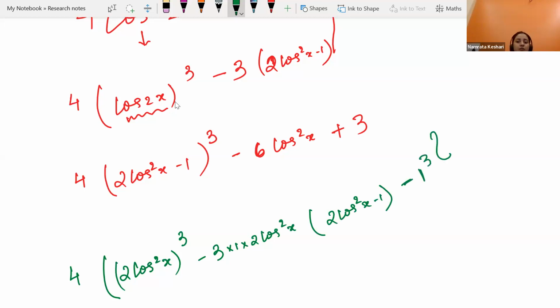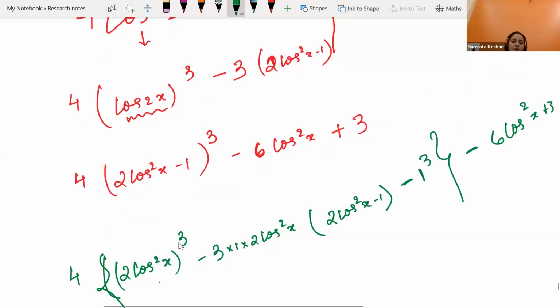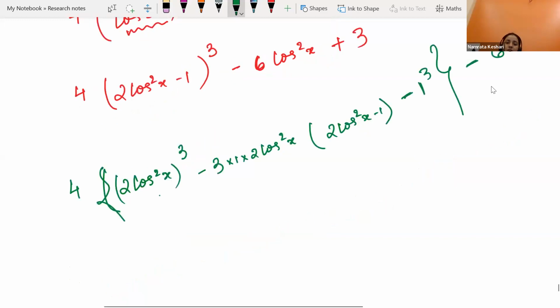Are you able to recall the formula? A cube minus 3ab in bracket a minus b, minus b cube. Yes or no? I think we need to write it properly. Just copy this much. Done.